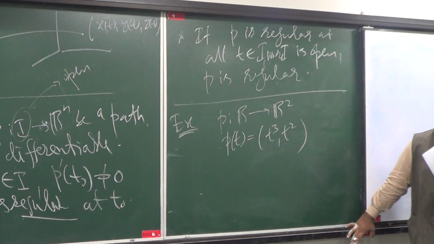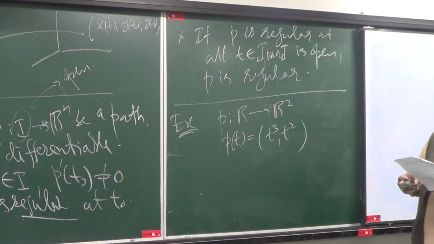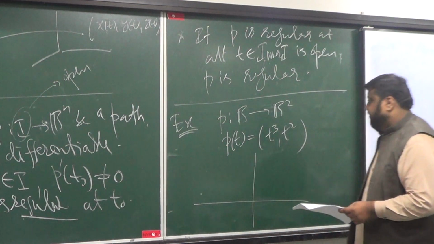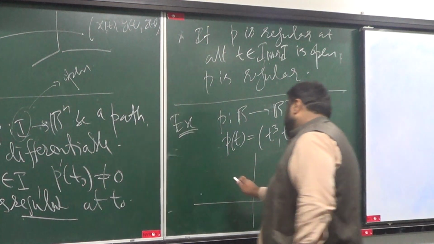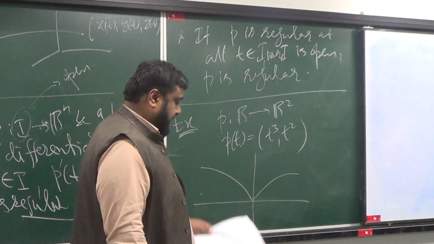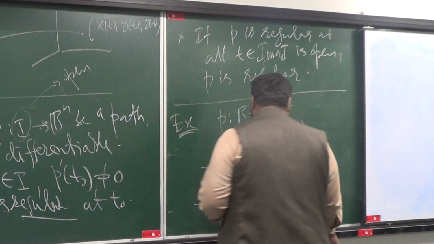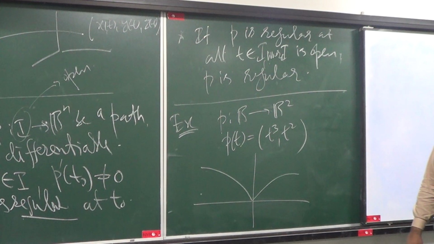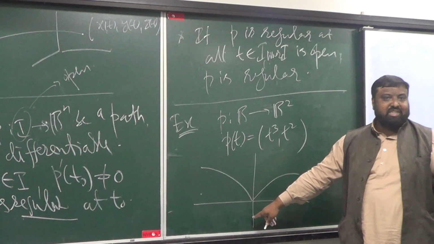Continuous, because both components are continuous. Okay. But when you plot this path, you're going to get basically a cusp, and the cusp is going to look something like that. So what do you think? Which point is going to be the controversial point where you can't compute the regularity? Origin. The origin, because it has a kink.